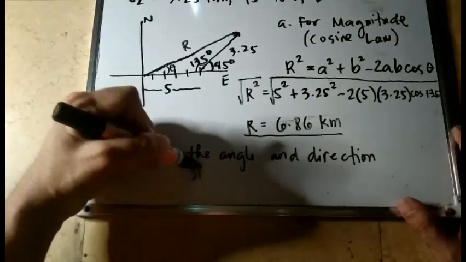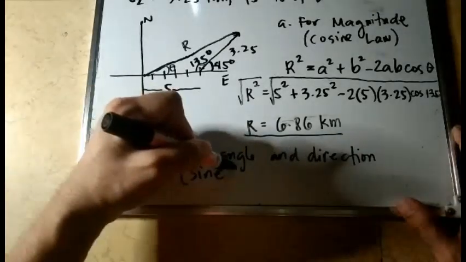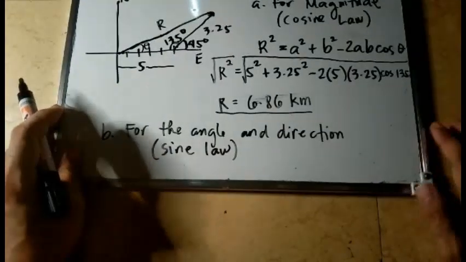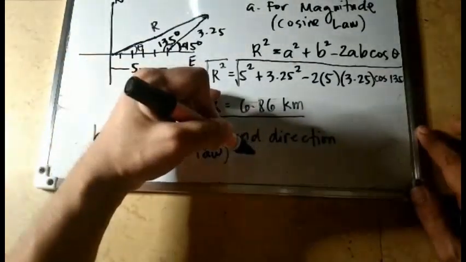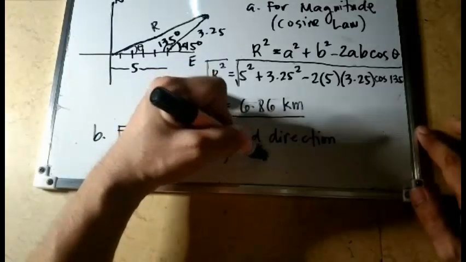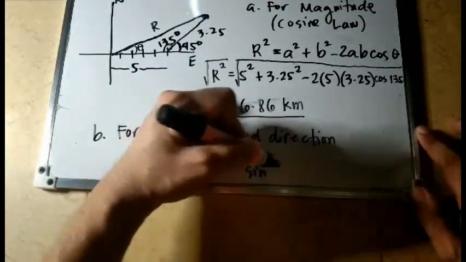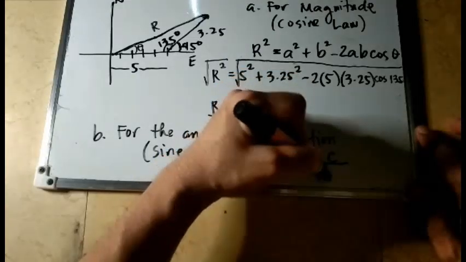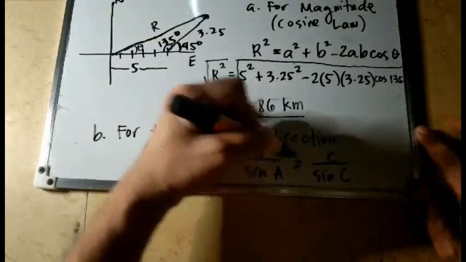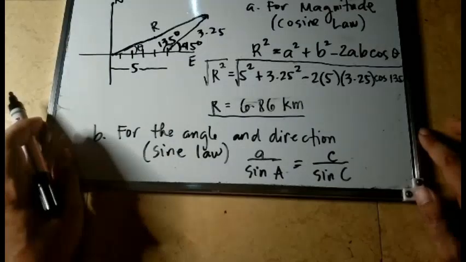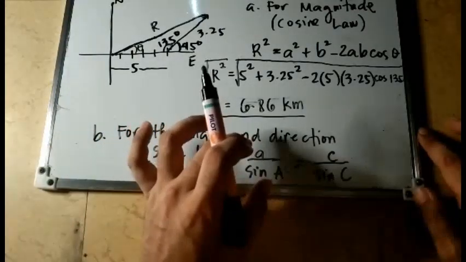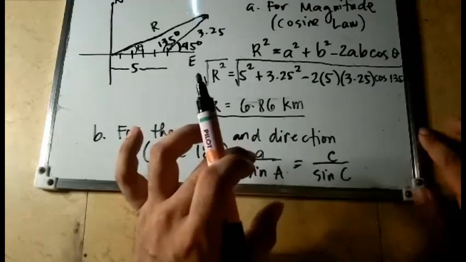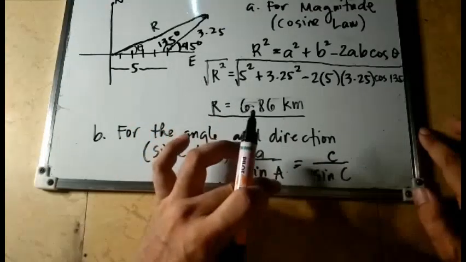Okay, sine law. Anong sabi sa sine law? Okay. A over sine A is equal to C over sine C. Ibig sabihin lang yan, meron tayong ratio daw nung side doon sa sine ng opposite angle.